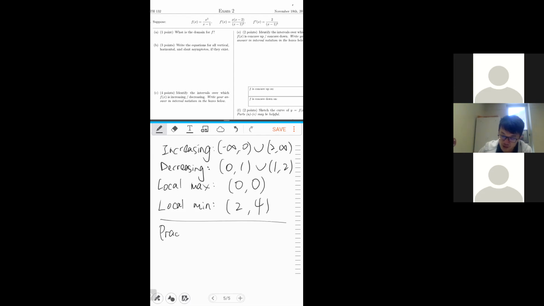So I guess I should call this a practice: use the second derivative to verify this.